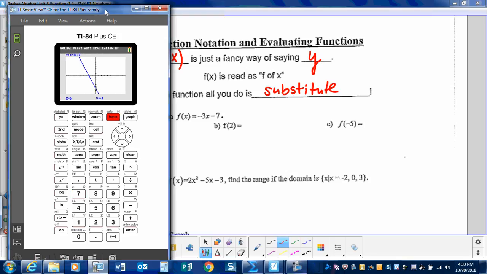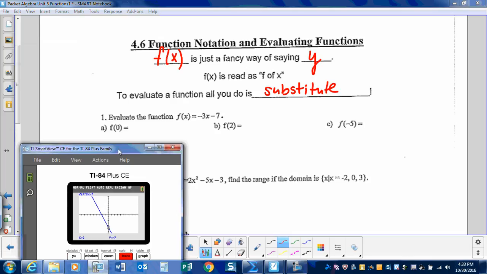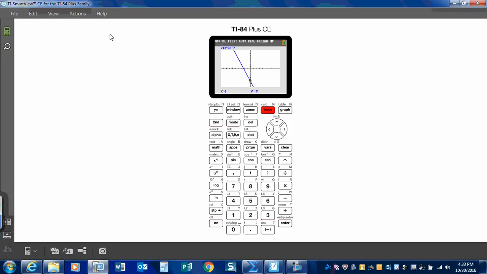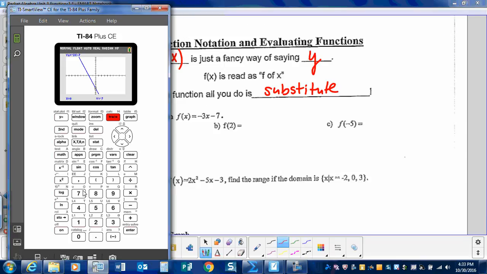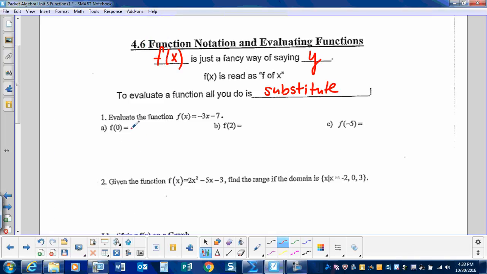So the first one says evaluate f of 0. What is y when x is 0? So I'm just going to type 0 in, and y is negative 7. So f of 0 equals negative 7.